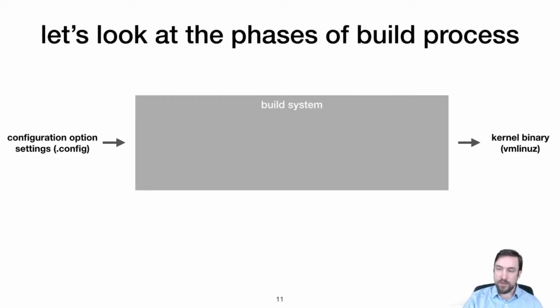But if we open up the hood a little bit in here, we can see that there are three distinct phases to this build and configuration system. The Kconfig tool takes in that .config file and enforces the configuration constraints that developers have defined in these Kconfig files.